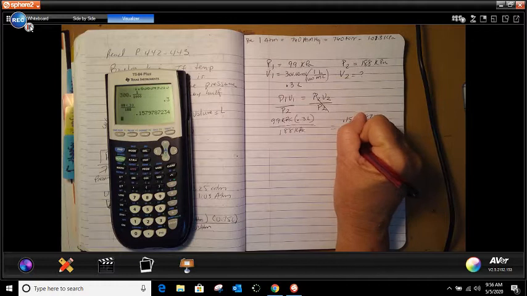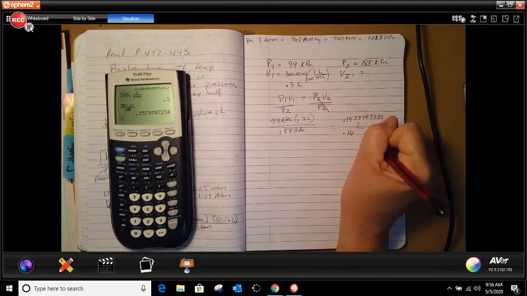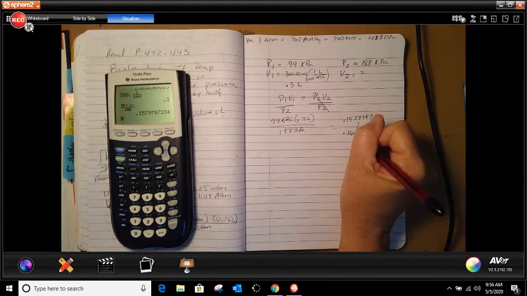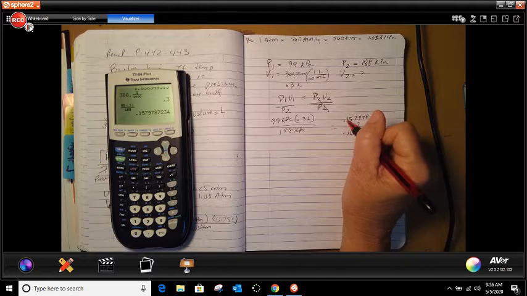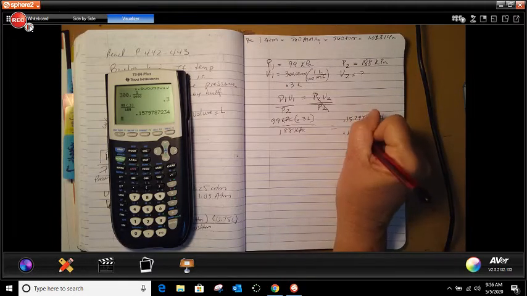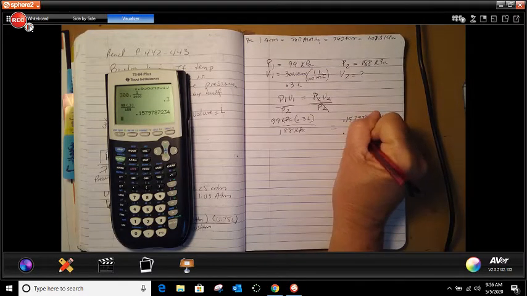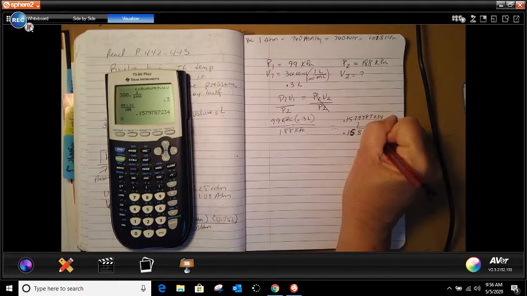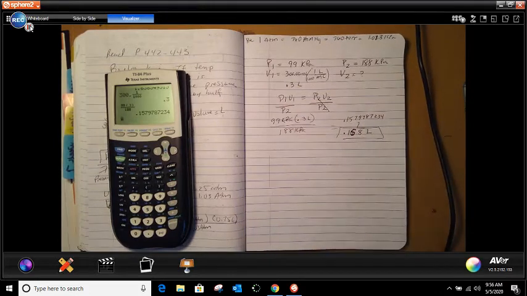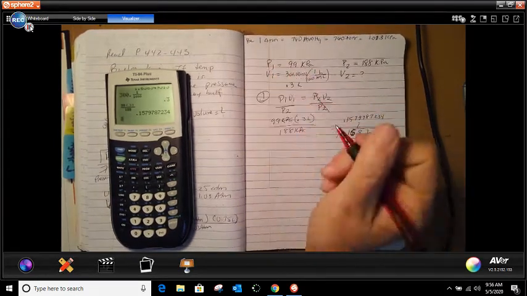So that would be 0.16 liters. And if I wanted to change that, I personally would prefer still to have 0.158. And that is liters, is my answer. Okay, so that is question number 1.